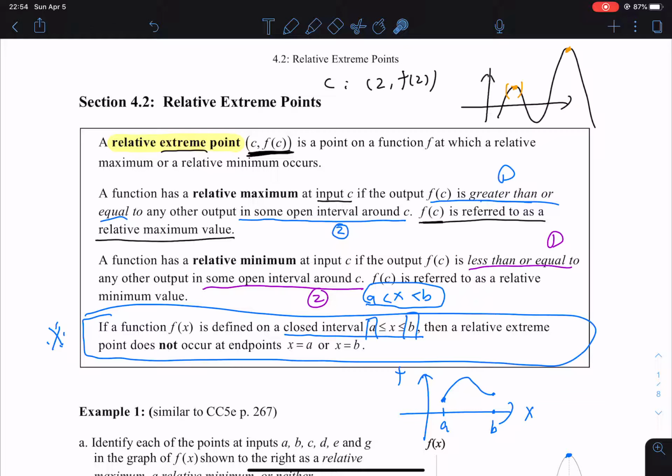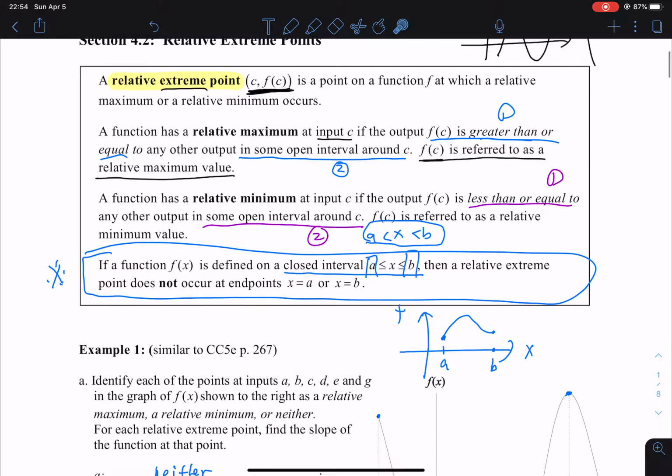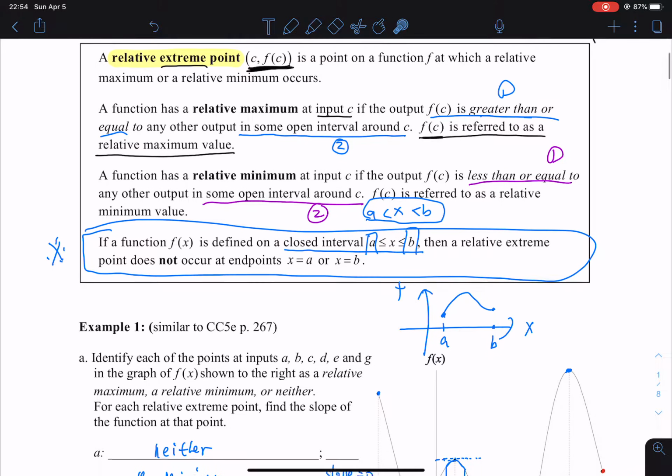So the second condition is very important: in some open interval around C. First, we can actually get the open interval, and second, it is around C. You cannot go too far, including all the points. That is a different definition, called an absolute maximum point, which is in the next section, section 4.3. So that is a relative extreme point.